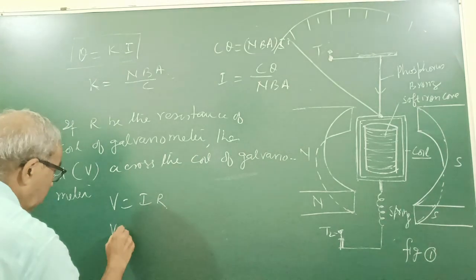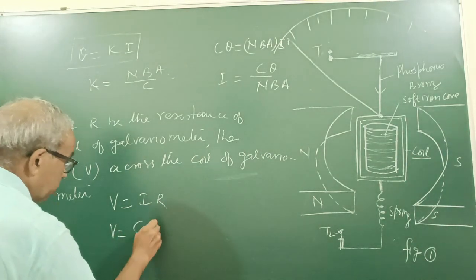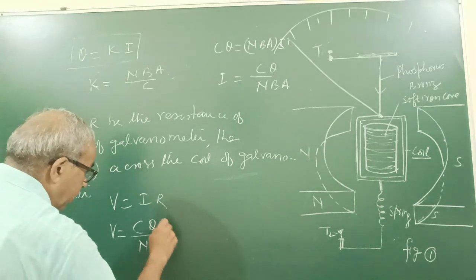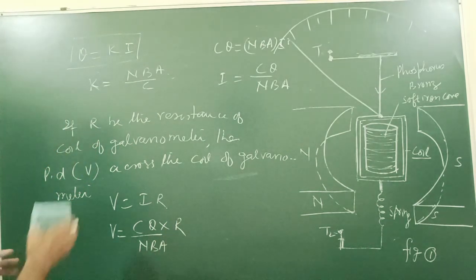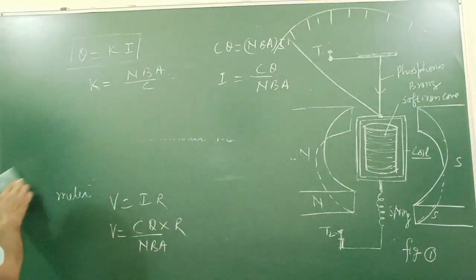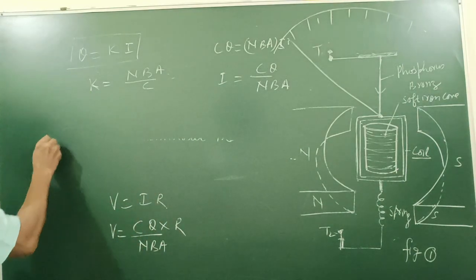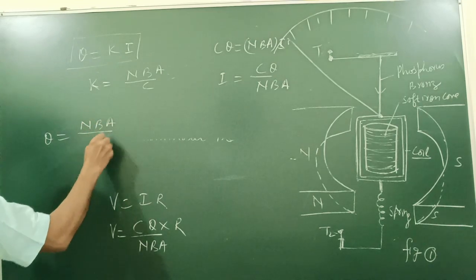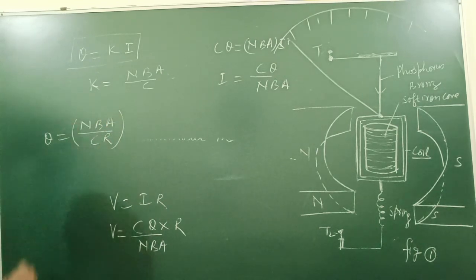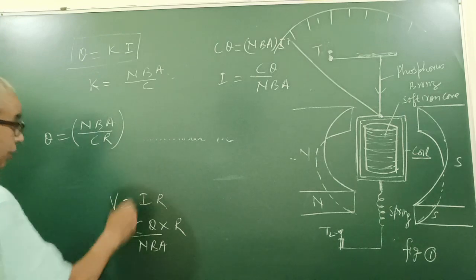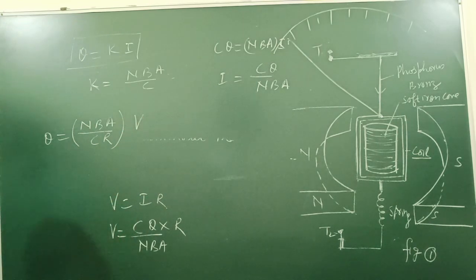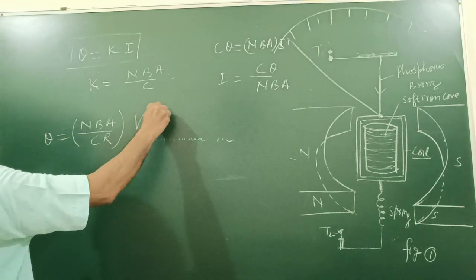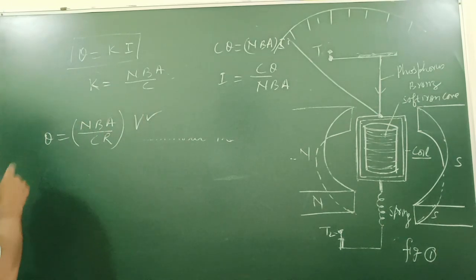So here V equal to C theta upon NBA into R. From here, what is theta? Theta equal to NBA upon CR into V. So the larger the potential difference, the greater the deflection.